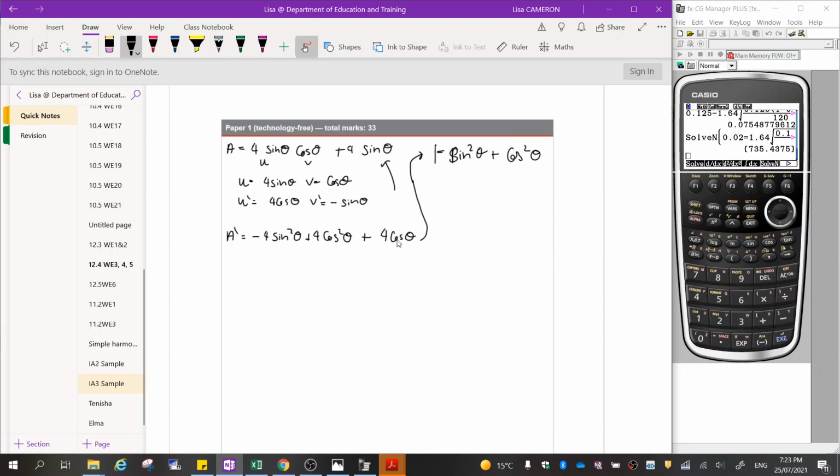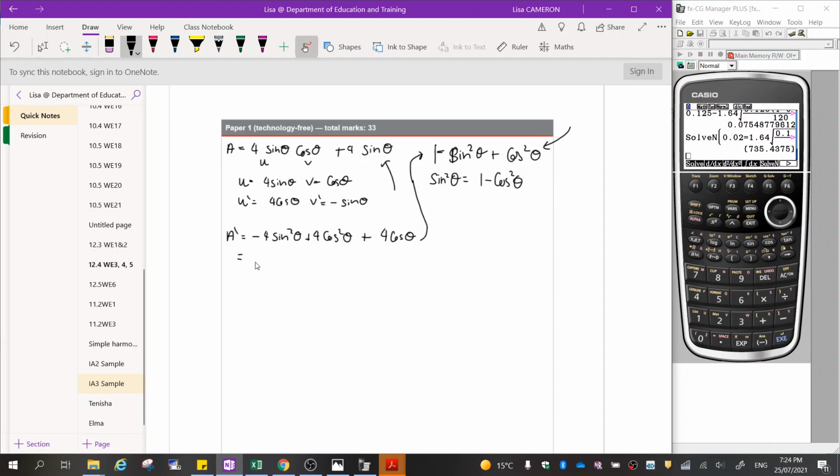See how this one's cos and that one's cos? I'm going to change it to get it in terms of cos, because that way I can knock out this sine, and then it's probably going to turn into a quadratic, because everything is a quadratic. So sine squared theta is equal to 1 minus cos squared theta. This is on your formula sheet too. You need to look at it and get familiar with it so you know what's what and what's where.